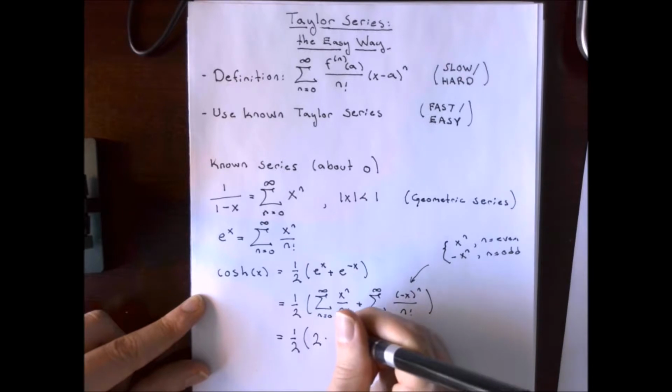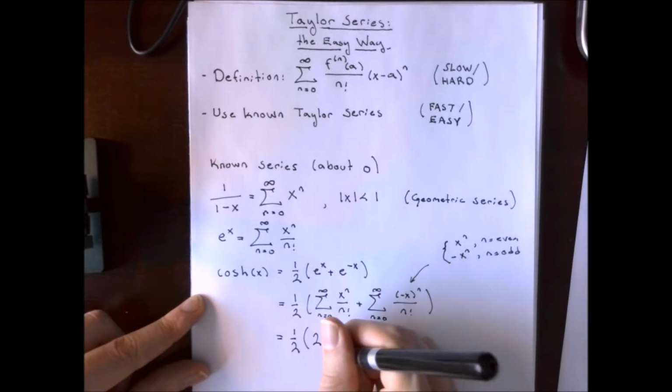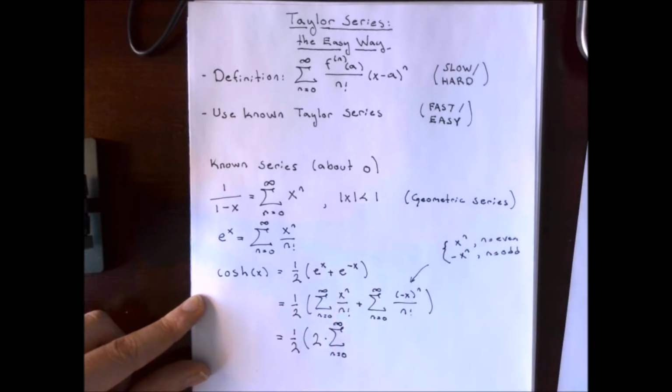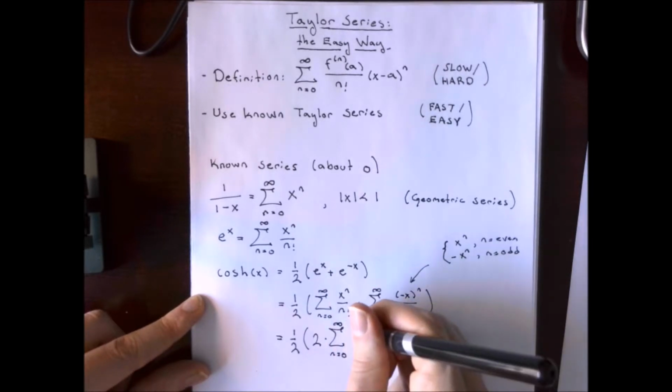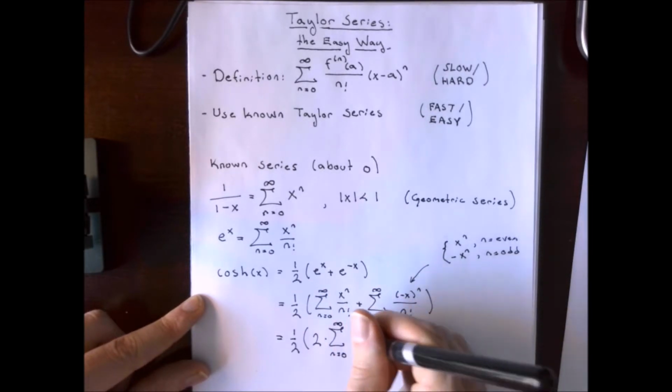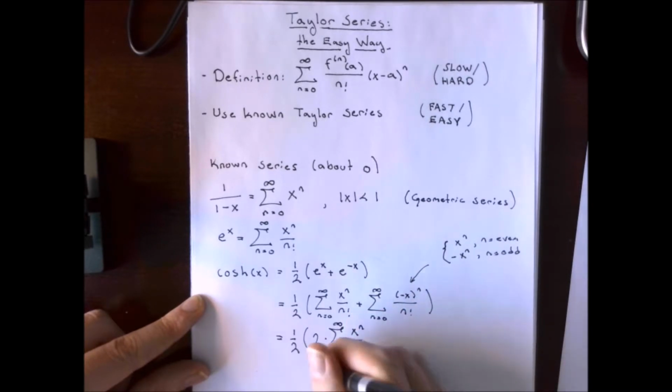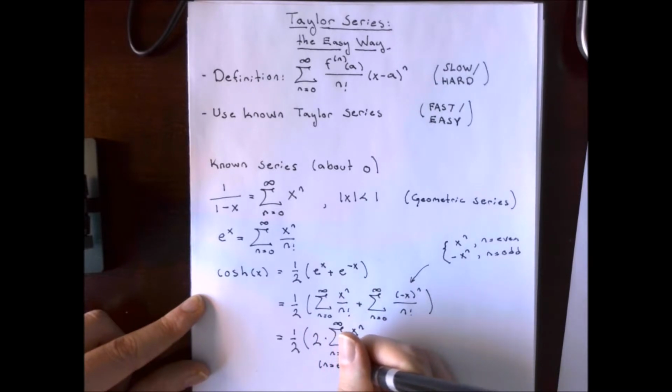We're going to end up with 2 times the sum of n from 0 to infinity x to the n over n factorial, where n is even.